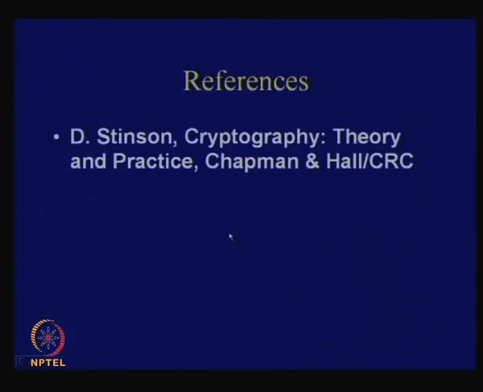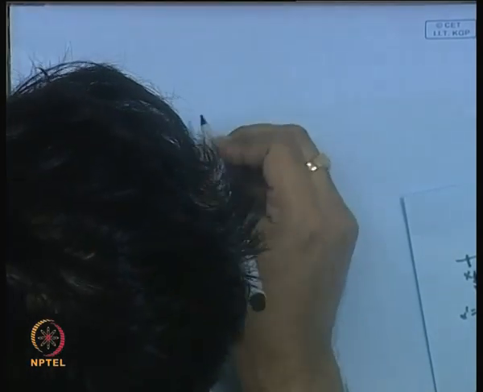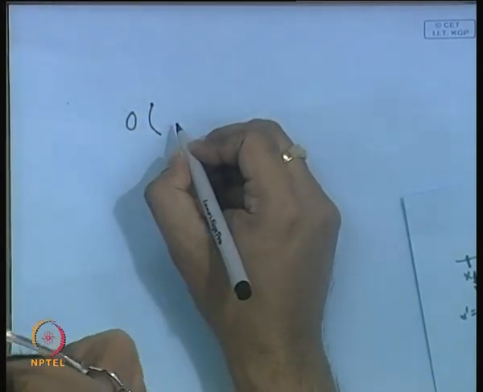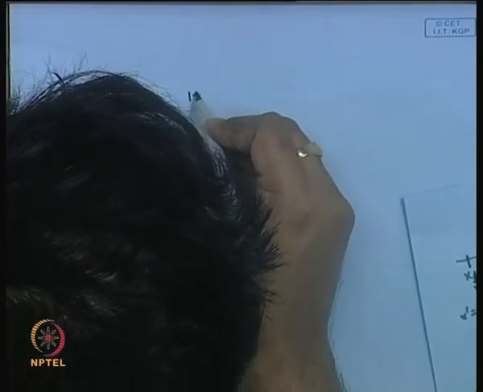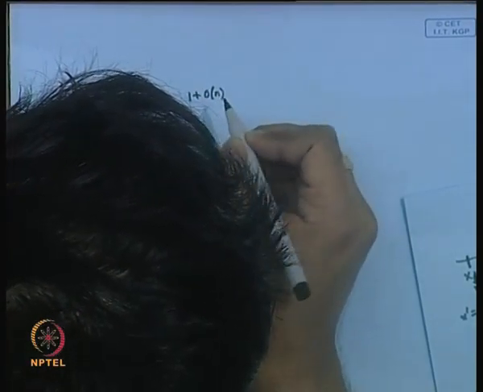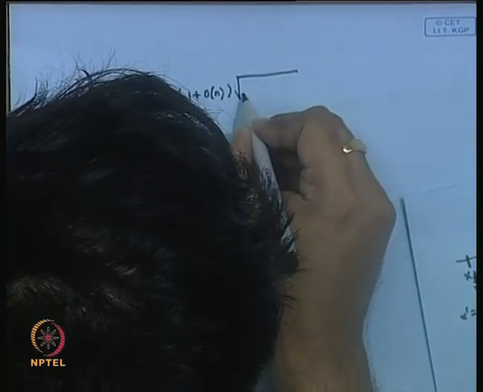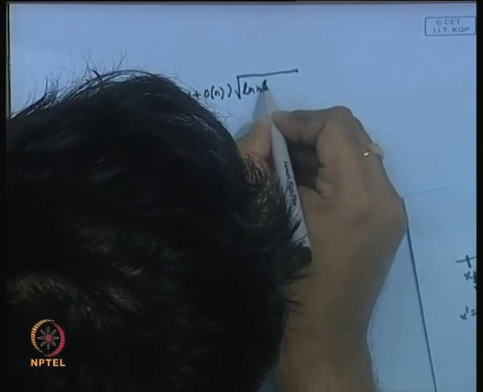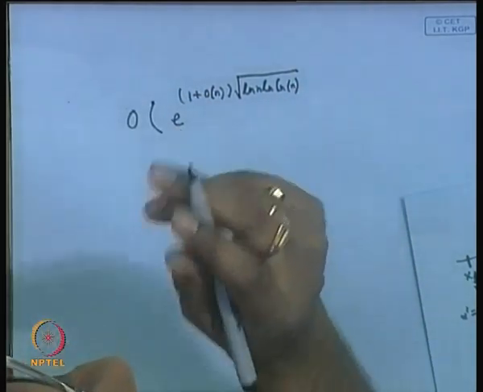I have not really gone into this, but I can just mention that this is a sub exponential algorithm. The complexity will be like e to the power of 1 plus o(1), and if I remember correctly, square root of ln n ln ln n.